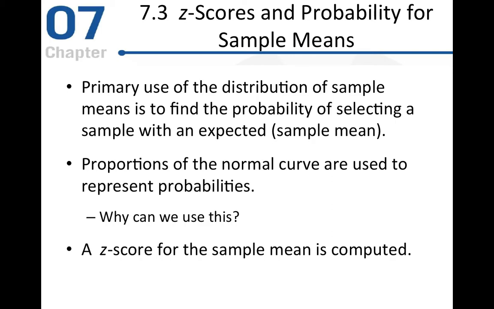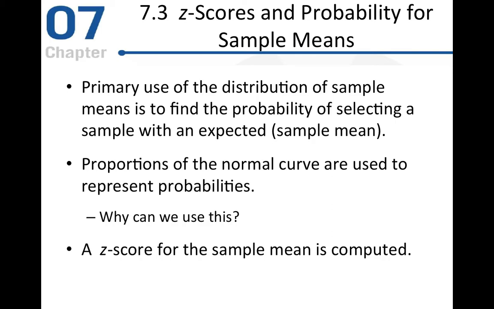A lot of that information was really covered in chapters 3 and 4, and the only thing that's a little new is this whole idea of sampling error, standard error, and how exactly we compute that and its role. So we're going to take what we've gone through thus far and apply that information to see how this all relates to z-scores and probability for sample means.